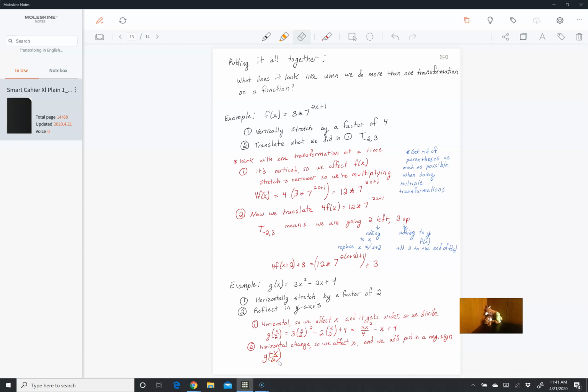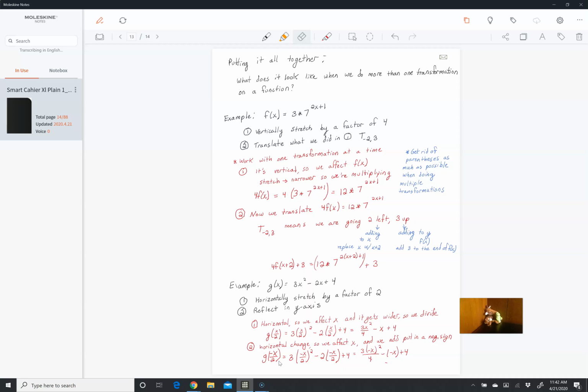Okay, so what does this mean? If we use the unsimplified version, we have negative x over 2 squared after the 3, and then minus 2 times negative x over 2 plus 4. Okay, or if we use the simplified version, we get 3 times negative x squared over 4 minus negative x plus 4.